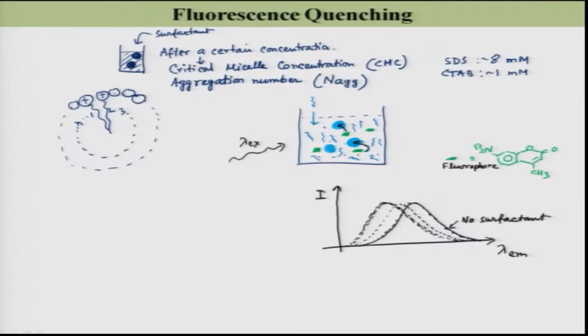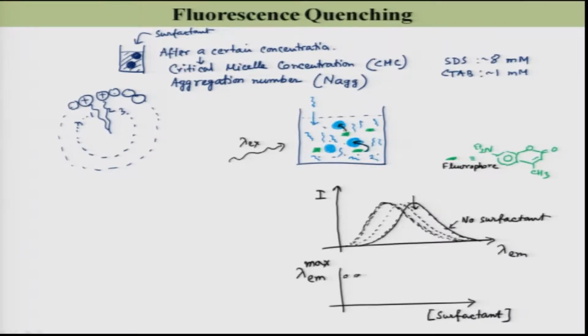So, if I now plot in a different way the concentration of surfactant versus lambda emission maximum, then for the low value of the surfactant, this lambda was the high value, right, lower energy as you have seen here.